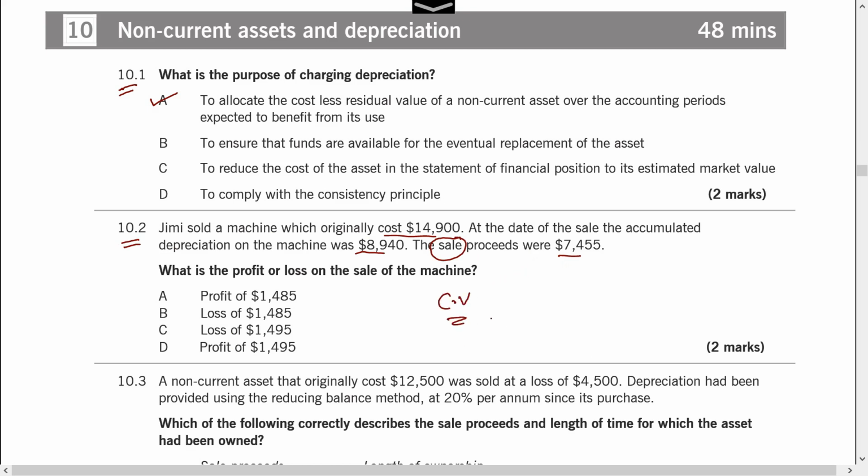Okay, so the carrying value will be original cost less accumulated depreciation, which is 8940. So it will be 5960. And if we compare both of these amounts, then you can see that we are earning a profit of 1495. So the correct option is D.